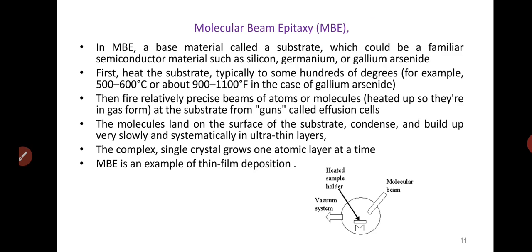Here in this method, we can fire different beams of atoms or molecules, taking different guns. That means you can use a separate gun for silicon, for germanium, for aluminum, for indium, and these types of atoms can be fired.